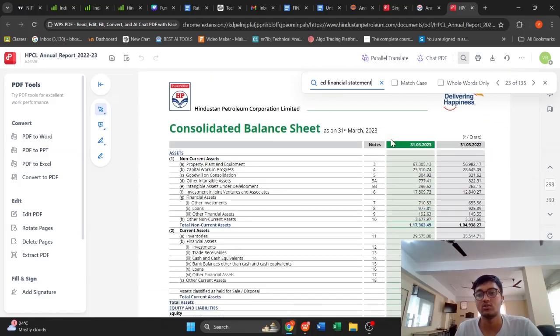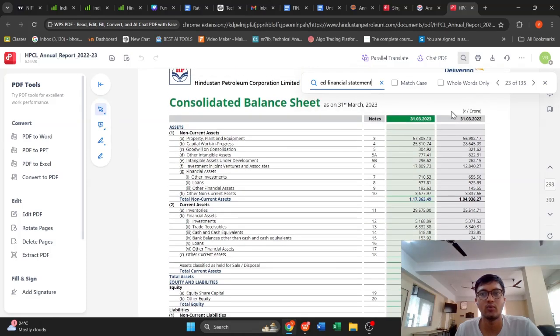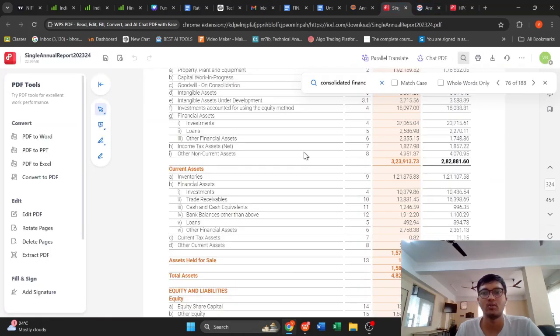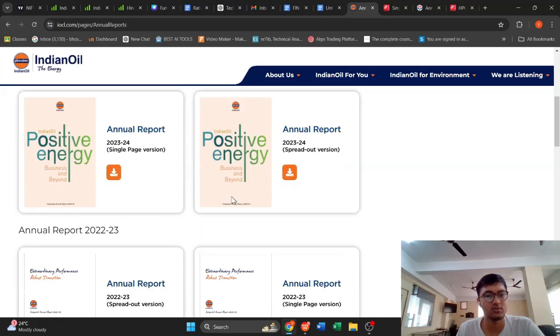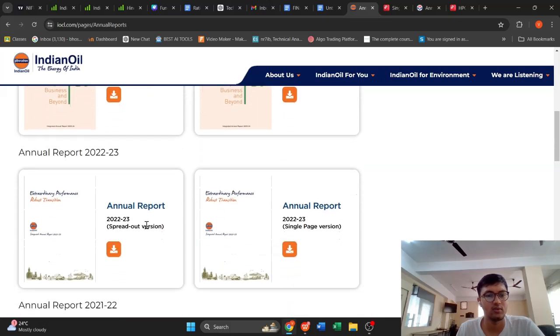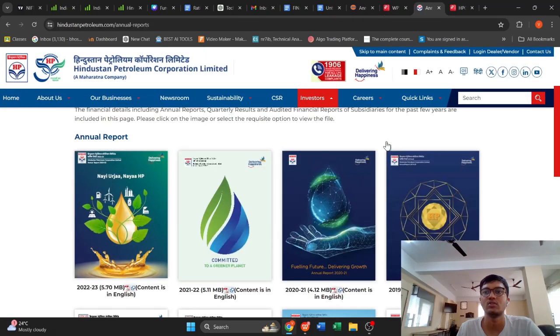So yes, I got the consolidated balance sheet of 22-23. I won't be able to compare it with this because this is 23-24, so I'll just look at the previous year. There's a single page version as well, but I want to see the full report.